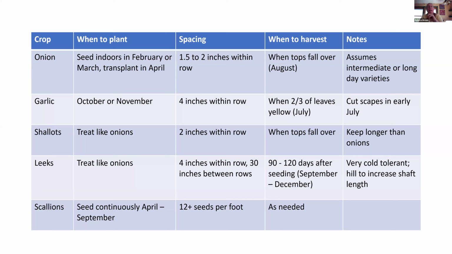Shallots get treated like onions, and they keep a lot longer than onions. So one reason to grow shallots is that your onions are going to be losing quality in storage by about February.